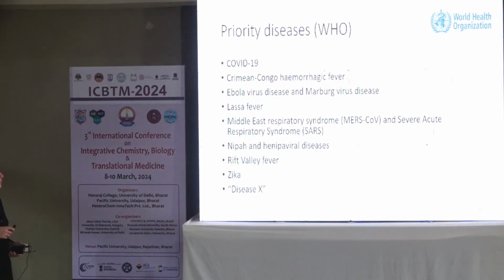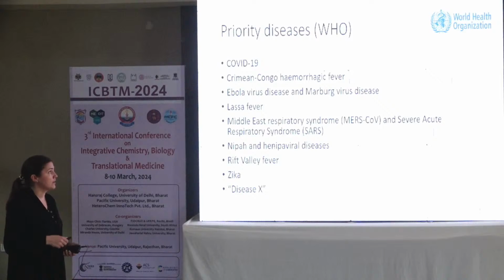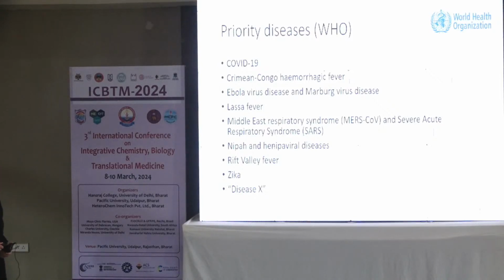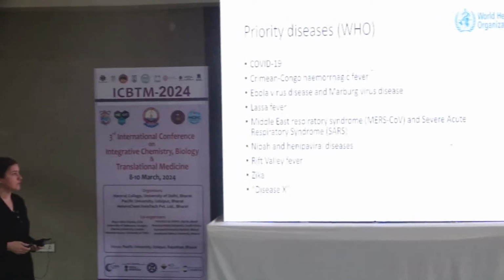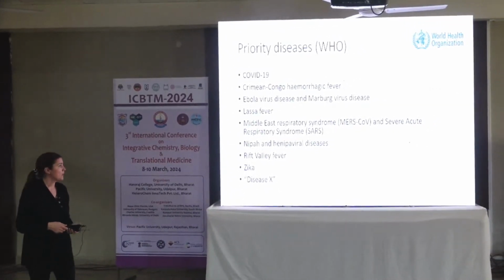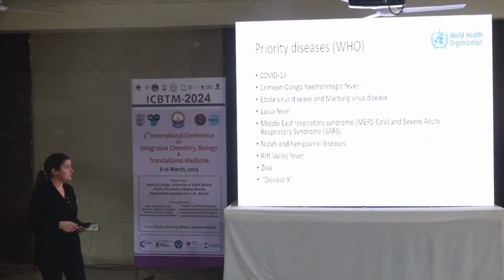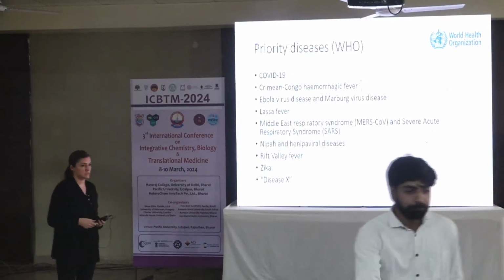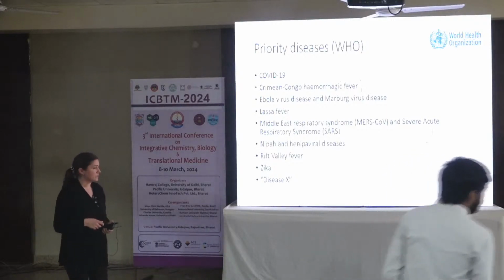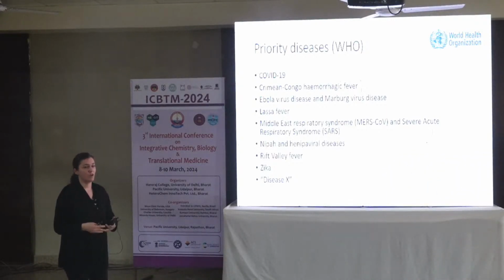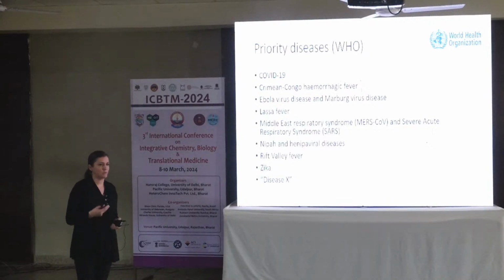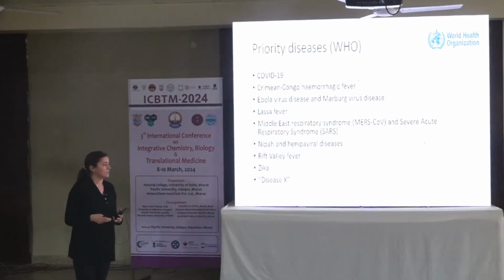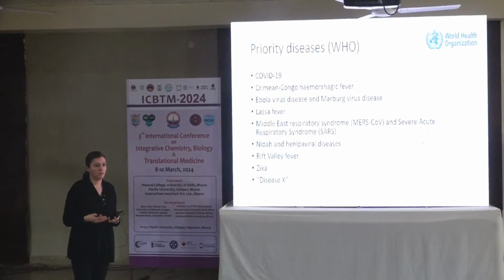These are COVID-19, Crimean-Congo hemorrhagic fever, Ebola virus and Marburg virus disease, Lassa fever, Middle East respiratory syndrome, severe acute respiratory syndrome, Nipah and henipaviral diseases, Rift Valley fever, Zika, and Disease X. This is caused by an unknown pathogen, which can cause the next pandemic or epidemic. For example, COVID-19 was such a disease a few years ago.